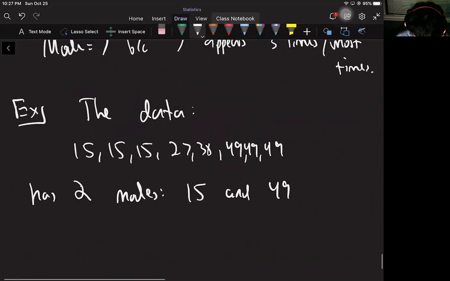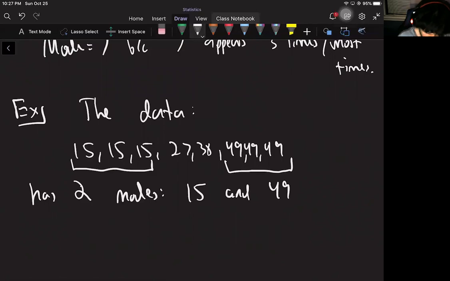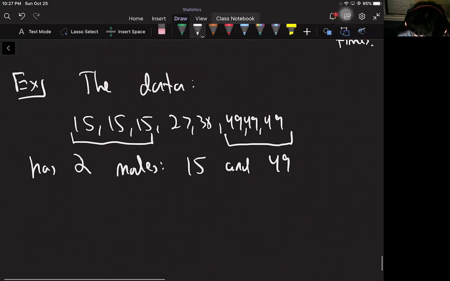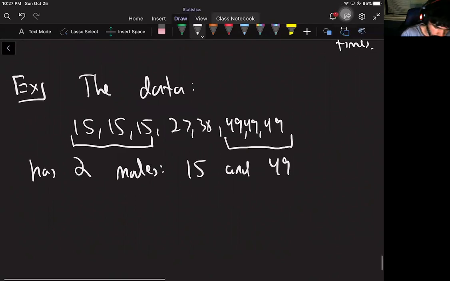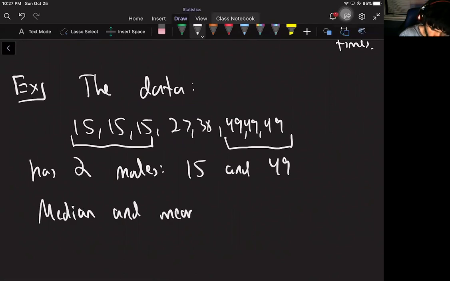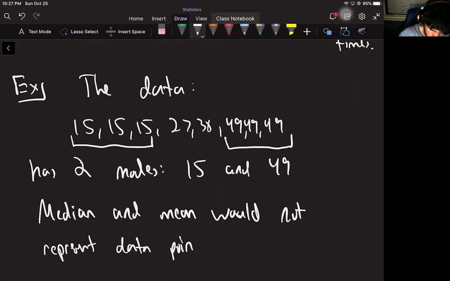And so in this case, this is a really good representation of the data, because most of the data does look like either 15 or 49, whereas the median and the mean would actually be really bad here. They would not really represent anything. Because, well, I'm not going to calculate them for you, but you can try it.